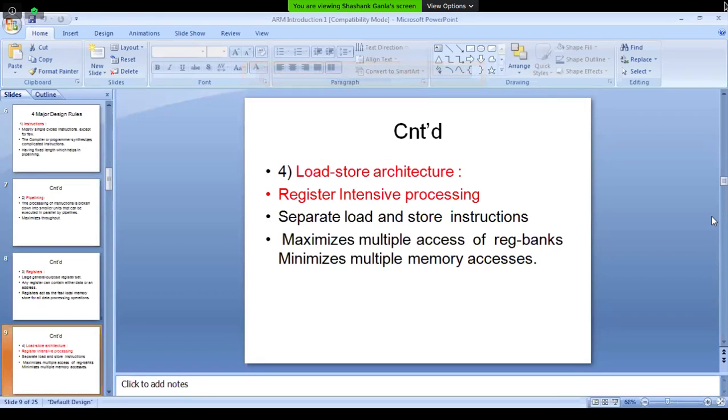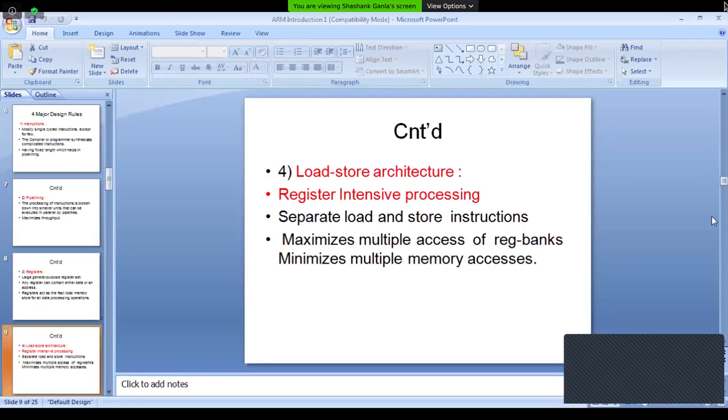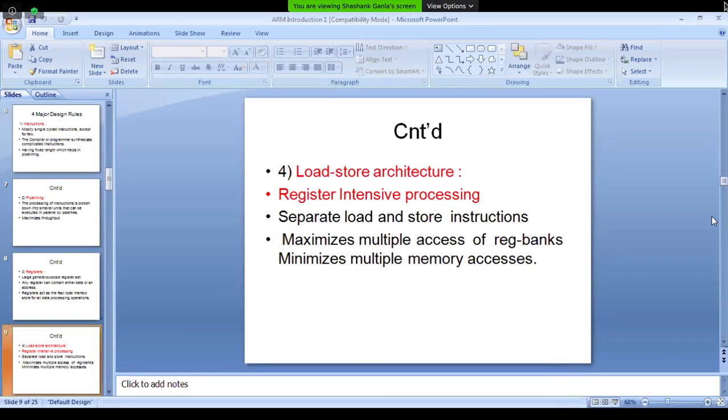Okay, the fourth point says load store architecture means in a RISC architecture, if data has to be operated upon, it cannot be directly operated upon when it is available in the memory. The data available in the memory must be brought into a register, which is called the load operation.